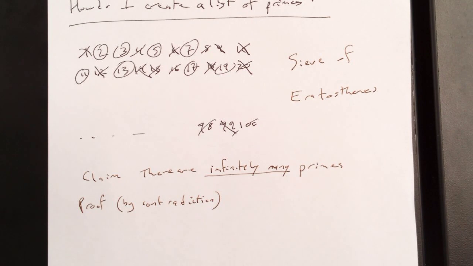But if I'm trying to prove by contradiction, I start with an assumption. Assume what I want to prove is false. So let's assume that there are only a finite number of primes.